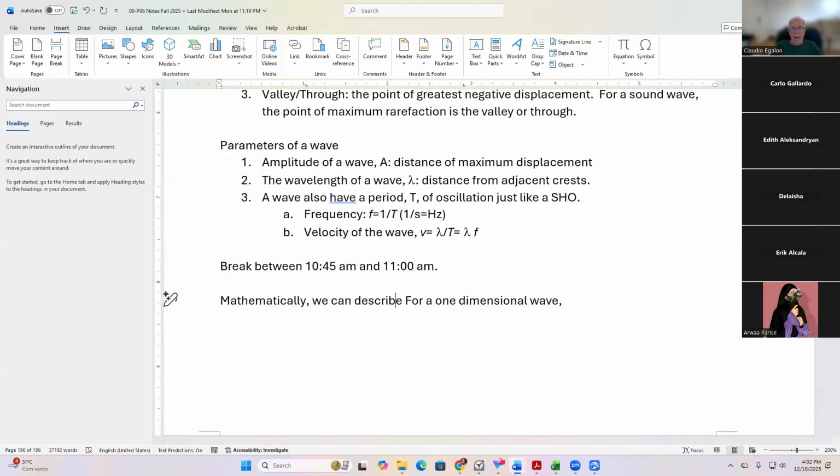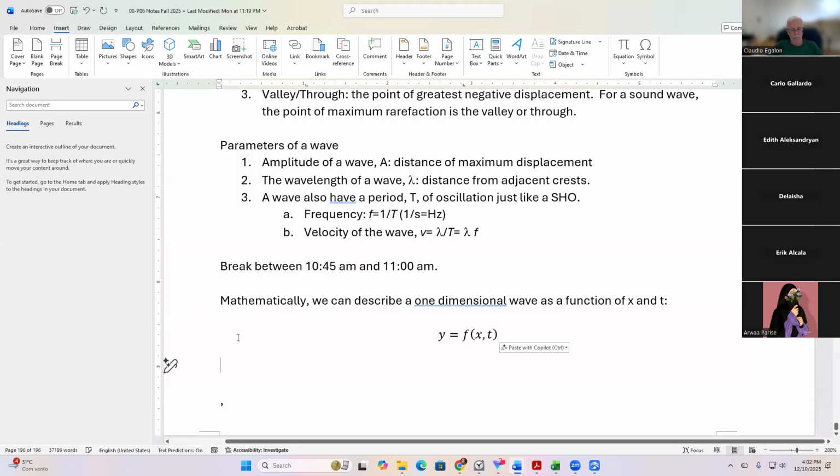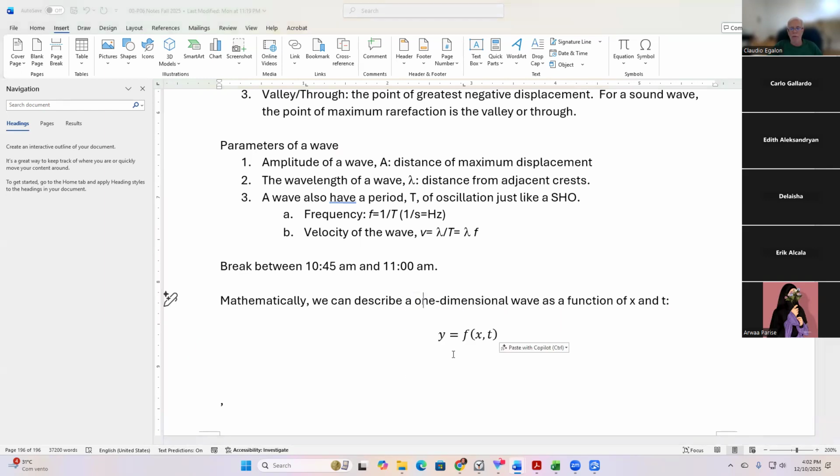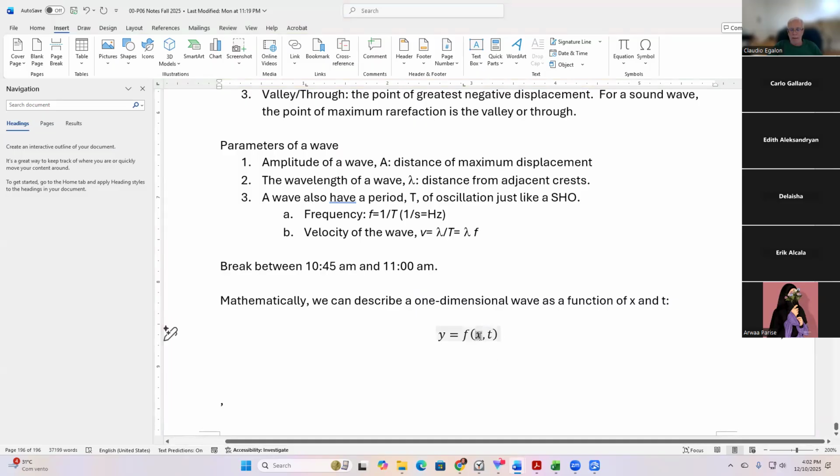We can describe a one-dimensional wave as a function of x and t, like that. The wave must be dependent on the x position and must be dependent on the time as well. Okay?